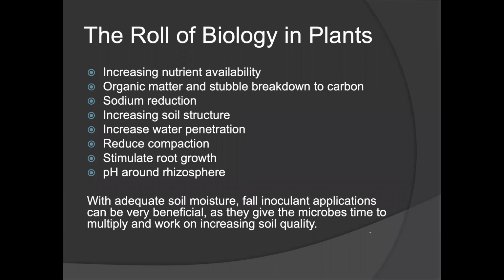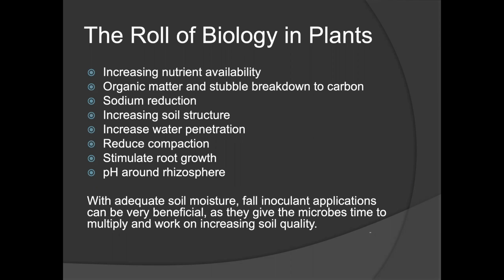If you have less organic material and not as much biology creating the different types of soil glues that help retain things, the water could flush right through your soil. So there's a lot involved in that. Reducing compaction is very important, because if your soil isn't functioning well, you're not going to break up those hard pans.